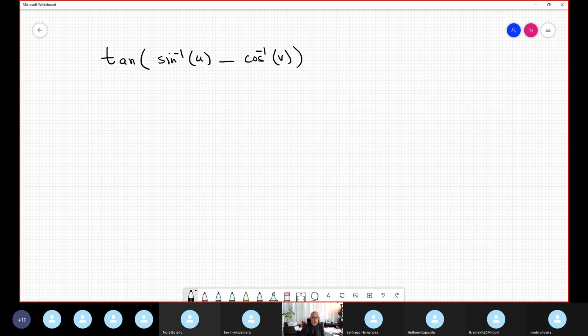Okay, so I call two angles alpha and beta. You can use any letter. But I call them that because I try to relate with the formula that we have, tangent of alpha minus beta.